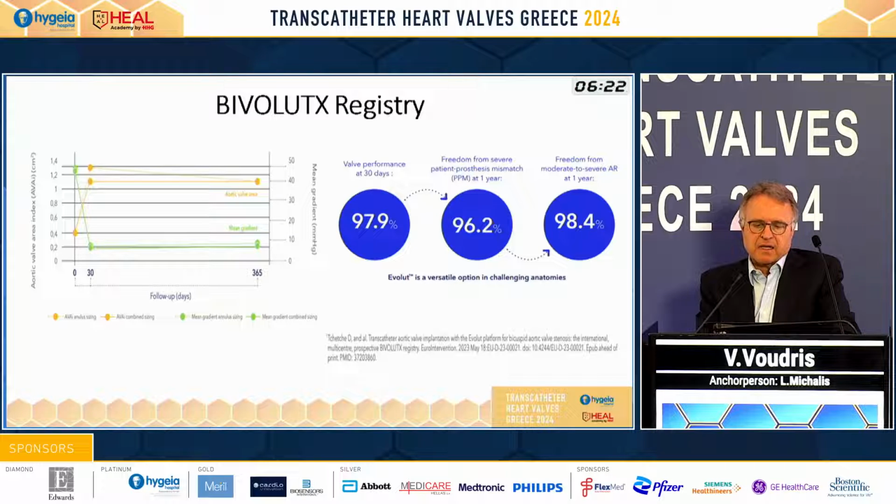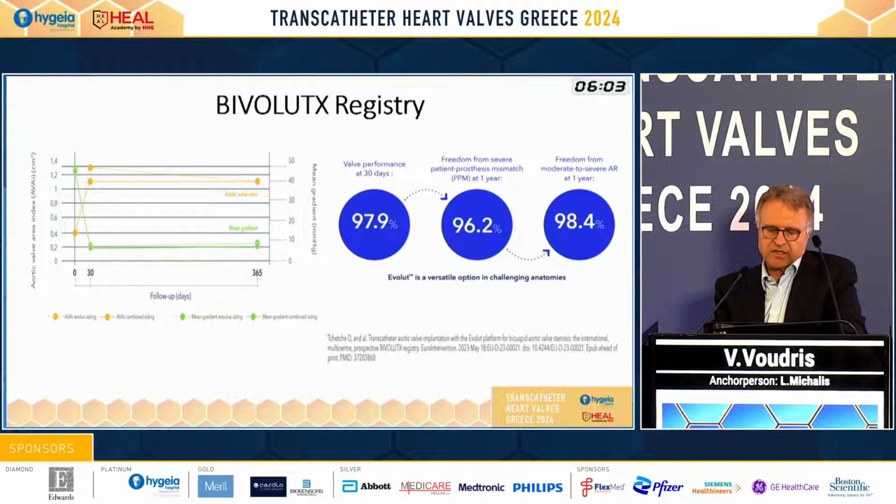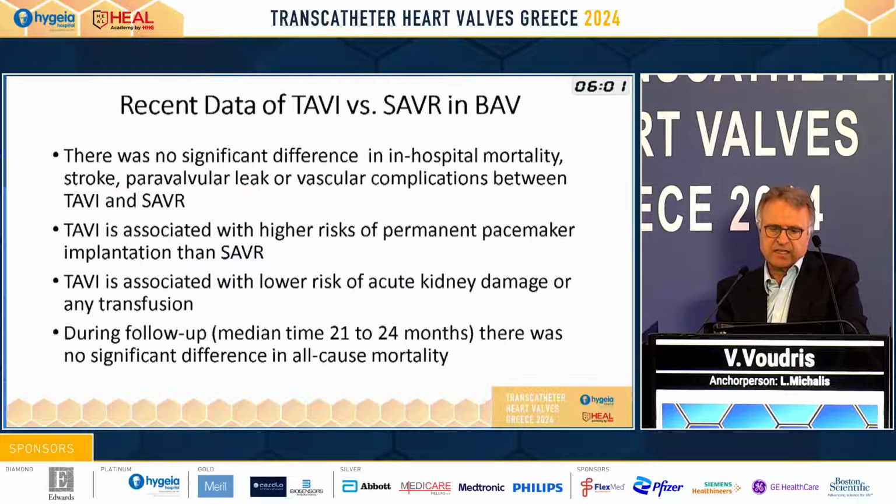Valve performance at 3 days was 97.9%. Freedom from severe patient-prosthesis mismatch at 1 year, 96%. And freedom from moderate to severe AR at 1 year, 98%, using the self-expanding Evolut devices.